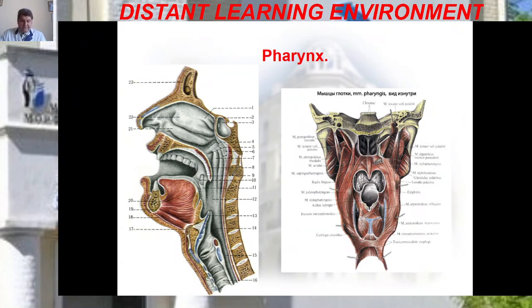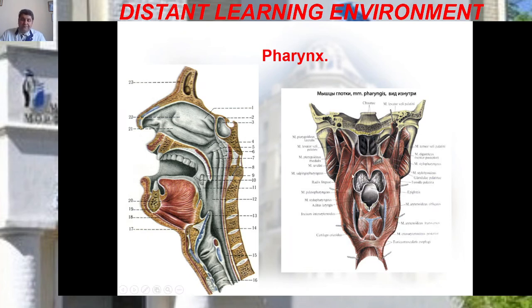So when we swallow the food, it passes to pharynx, to oral part of pharynx, and next it goes to laryngeal part of pharynx, and after this it goes to esophagus.